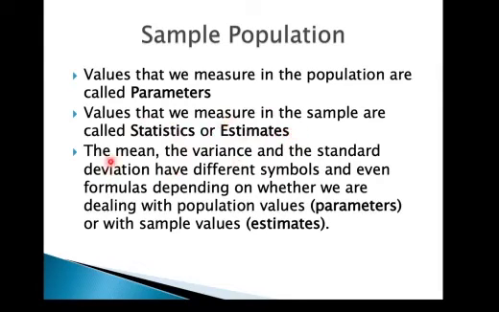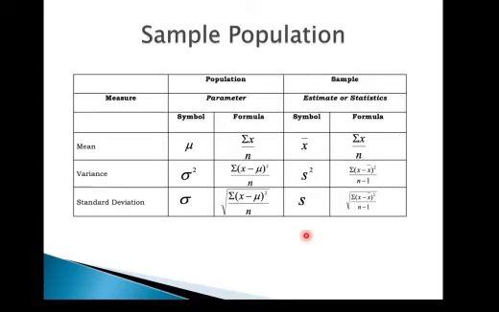Now, the mean, the variance, and the standard deviation have different symbols and even formulas depending on whether we are dealing with population values, parameters, or with sample values, estimates, or statistics. This table summarizes everything that we have discussed about population values and sample values.